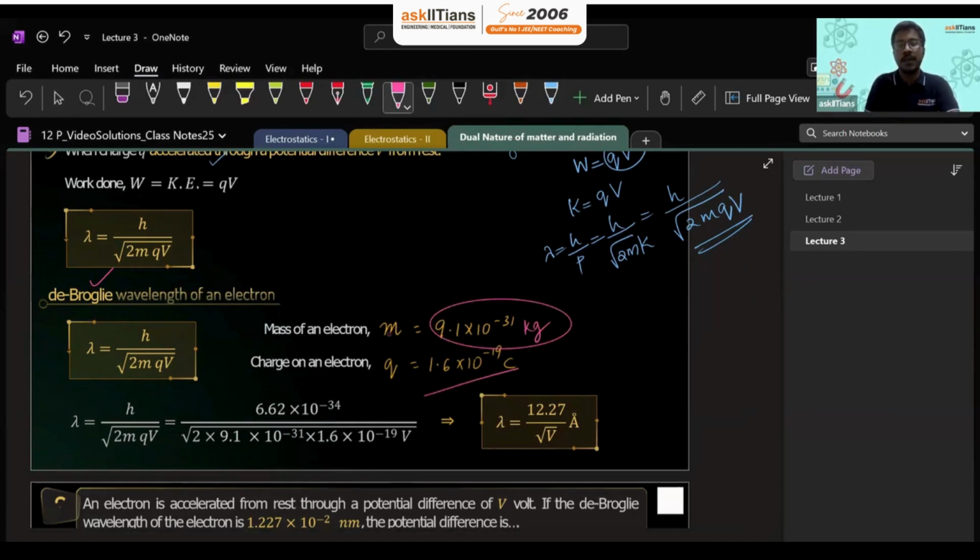If you put the values in this equation, after substituting for h, m, q, we get the value of lambda as 12.27 upon root v angstrom, where v is the potential difference. This is the de Broglie wavelength associated with an electron accelerated through a potential difference v. You can see it depends on v.